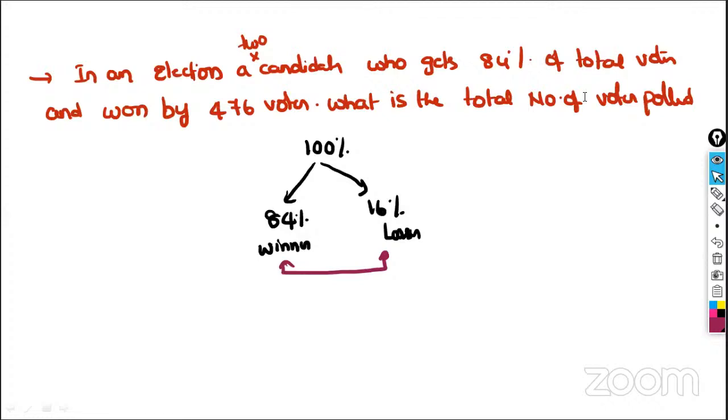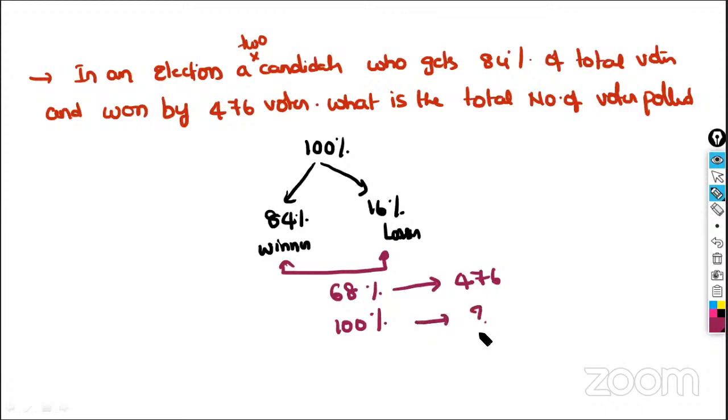Yes. So here the difference is what? 84 minus 16, what? 68%. So 68% of votes is given as what? 476. Then what is the 100%?